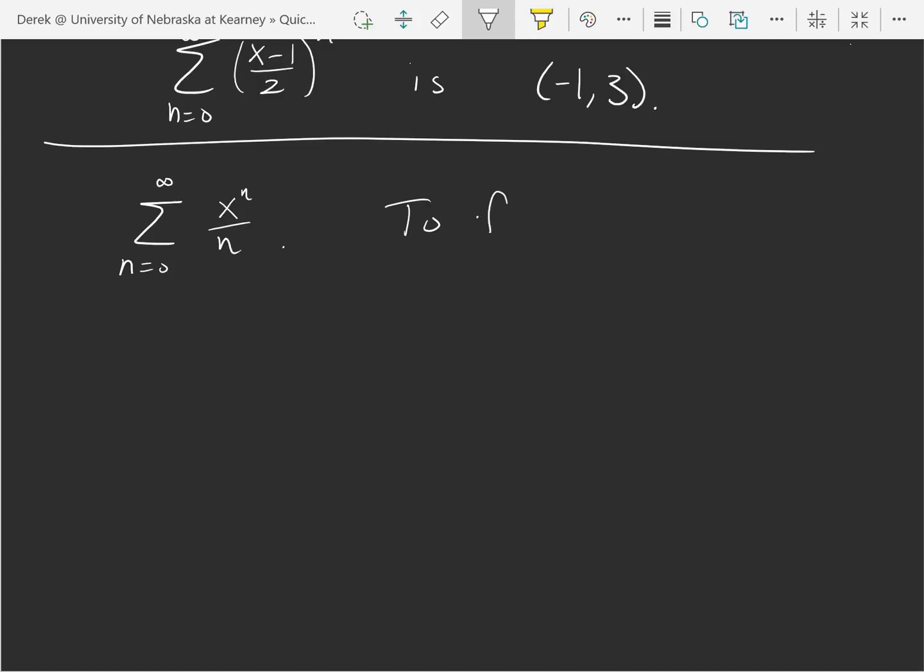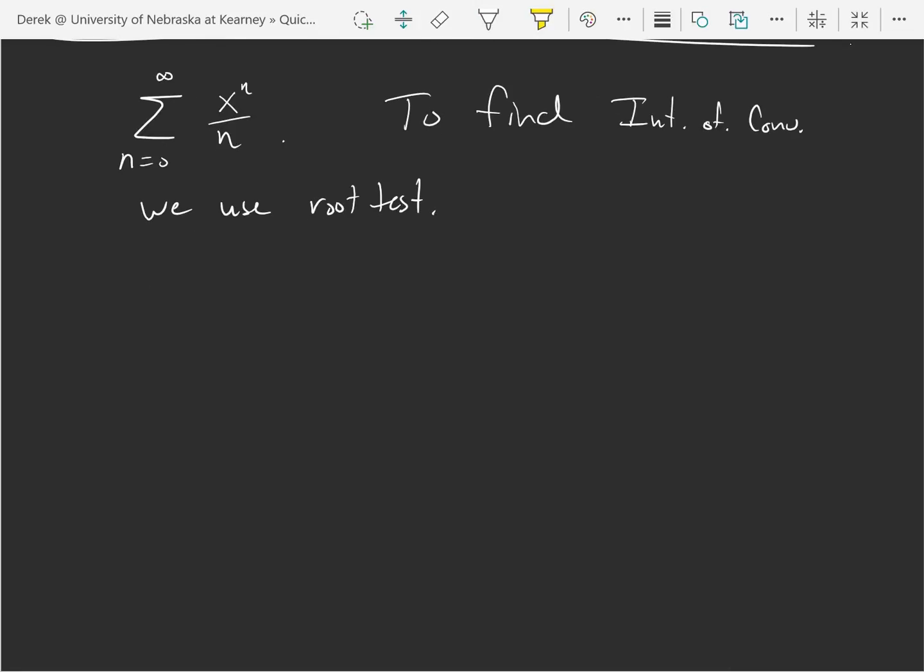Okay. So to find the interval of convergence, we use the root test. Let's take the lim sup of the nth root of x to the n over n.